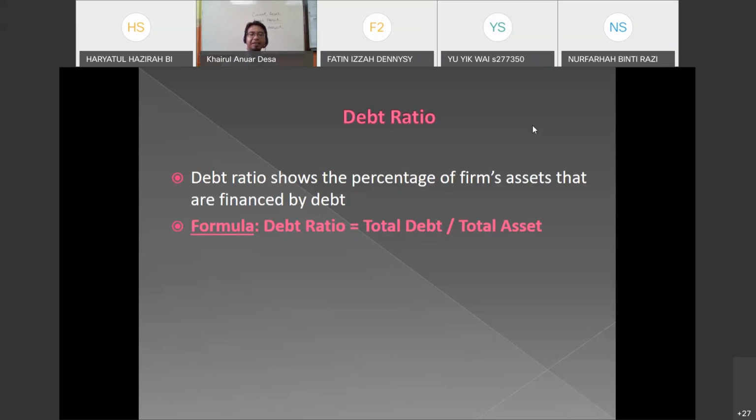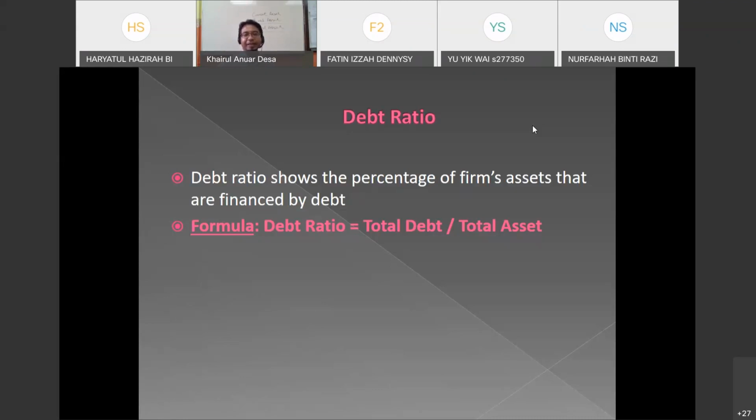Adakah kita beli semua itu dengan tunai? Rasanya tidak, sebab kita beli rumah, kita buat pinjaman bank. Kita beli kereta, kita buat pinjaman bank. Kita beli tanah, kita buat pinjaman bank. Silap-silap nanti you all nak kahwin pun you buat pinjaman bank. Maka majlis perkahwinan tadi terikat dengan bank. Okay.